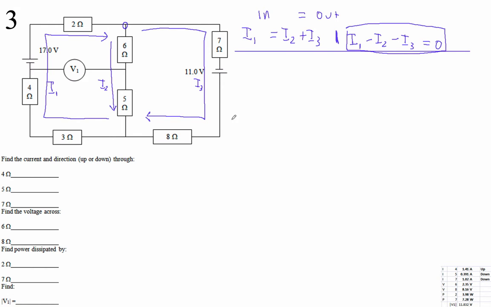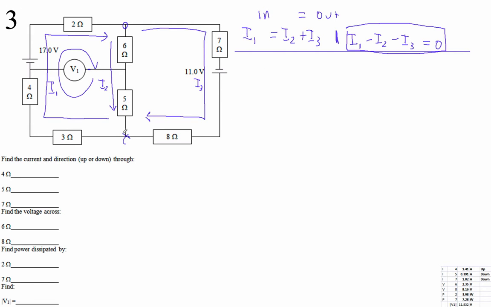Now let's do a traverse of the right side. Let's start here, lower left corner. I'm going to go downstream through the 3, downstream through the 4, then the correct way through this battery, then downstream through the 2, downstream through the 6, downstream through the 5, and I'll be back at the original.